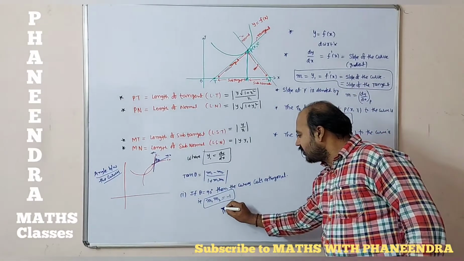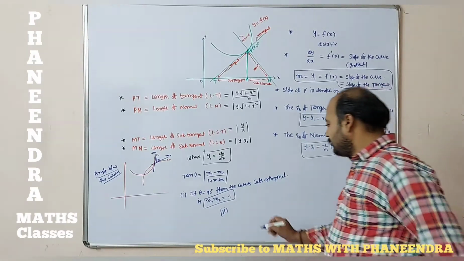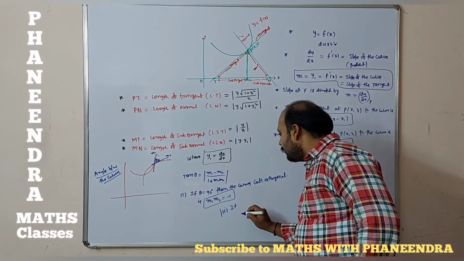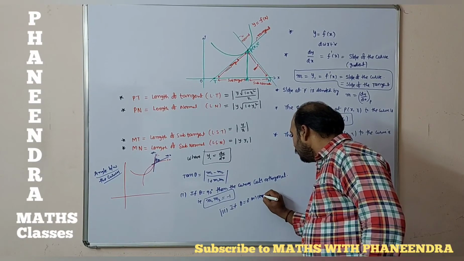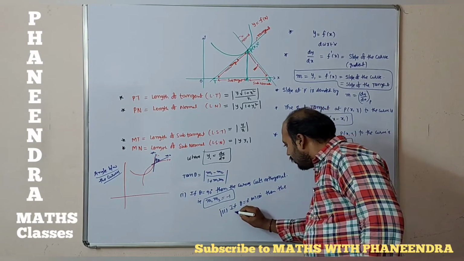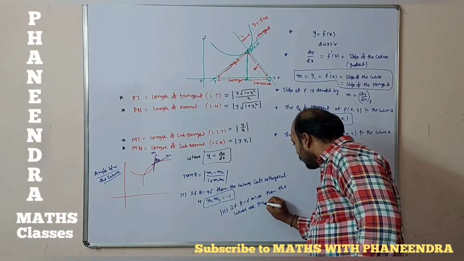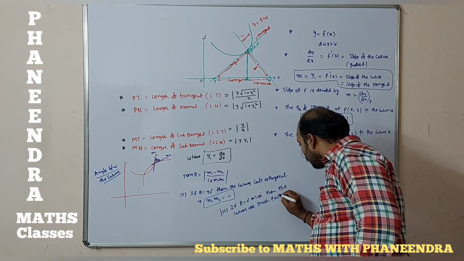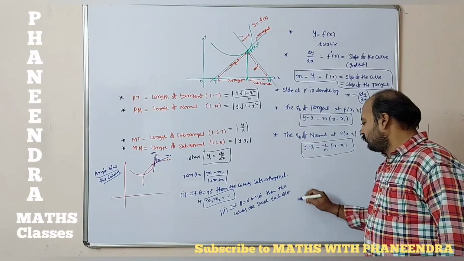And come to the second point in this. If the curves touch each other, if theta is 0 degrees or 180, the curves touch each other or are parallel.